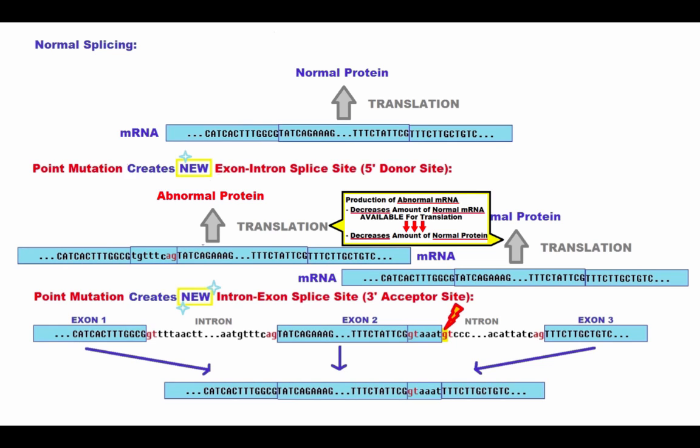However, because we do have the addition of these new splice sites, whether they be in the 5' donor site or the 3' acceptor site, they will compete with the normal splice sites during the process of mRNA splicing.